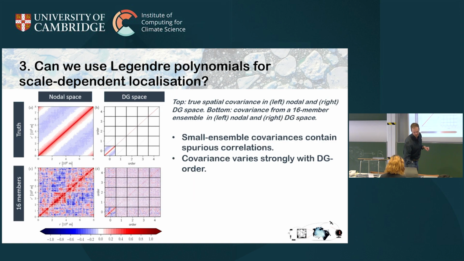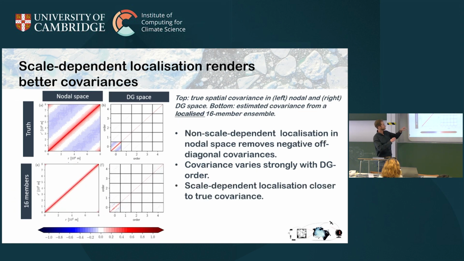Okay. Now we applied different scale-dependent localization on those coefficients. The results are shown over here. On the left is localization applied to the current generation of models, and we see that all the negative correlations have been removed, so that's bad. On the right-hand side, it's applied to the DG coefficients, and there's still some negative correlation left, so that suggests that the scale-dependent DG localization performs better.